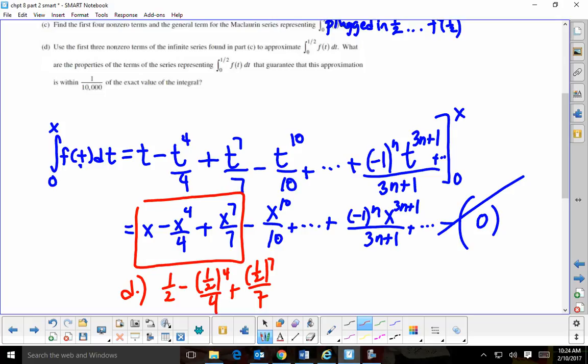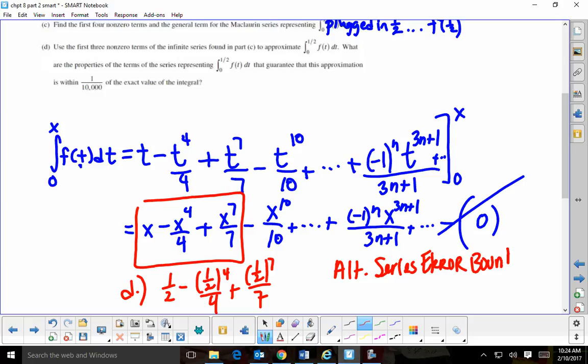What are the properties of the series that guarantee that this approximation is within 1/10,000 of the exact value of the integral? When you see that within 1/10,000, what's popping into your brain nowadays? The alternating series error bound. Okay, awesome. So I have that error popping into me, and I can see that this is an alternating series. So I'm thinking the alternating series error bound.